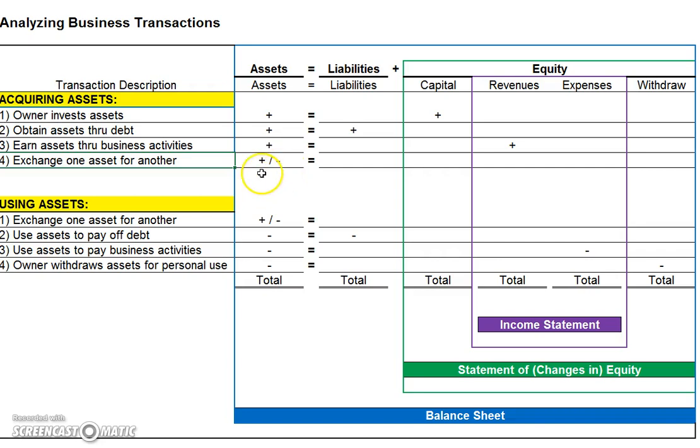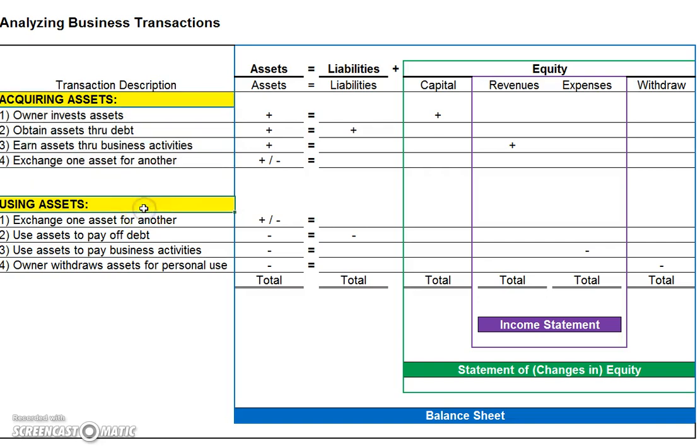So I'm trying to show that one column goes up, one column goes down. Notice on an asset exchange, you have both added and subtracted the same amount to this left-hand side of this equation, meaning that you don't do anything over here on the right-hand side of the equation. You just add one asset minus another asset. That is a short description of all of the 4 different ways you can acquire an asset.